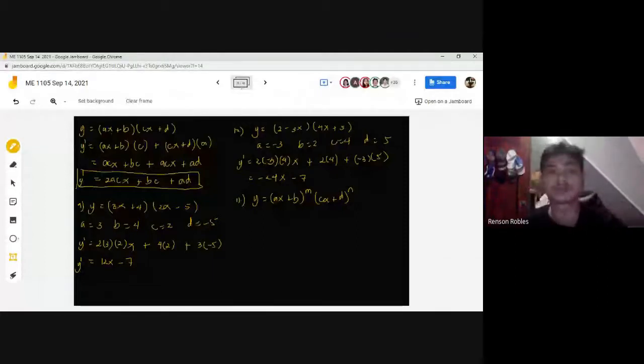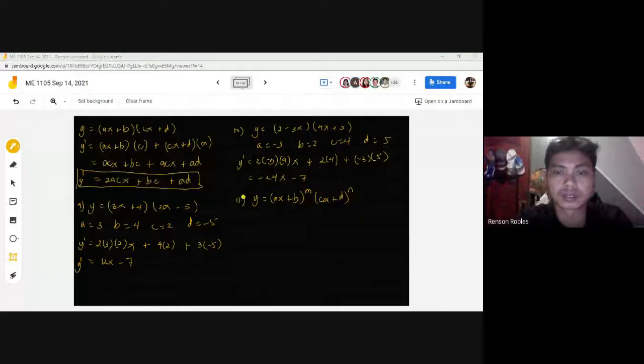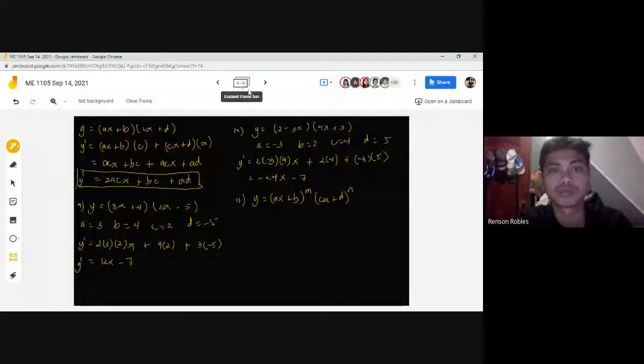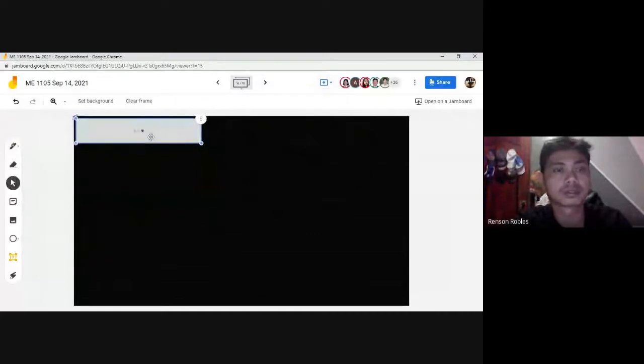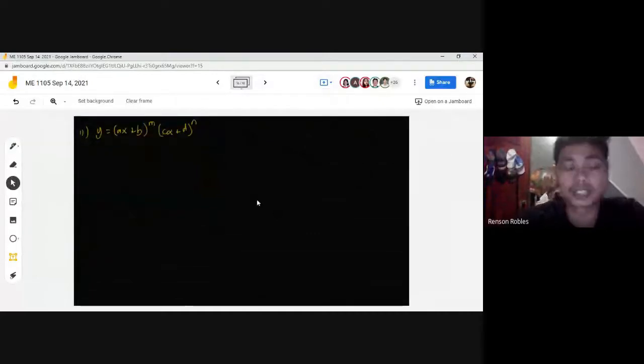Hindi siya kasya dyan. Hanggang 20 frames lang kasi to. Generate muna natin. So I have y prime.